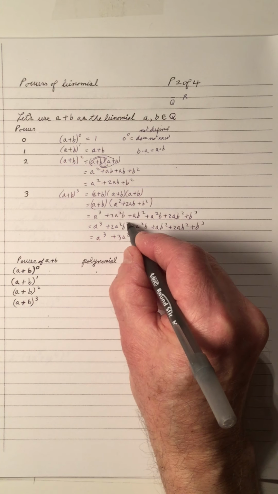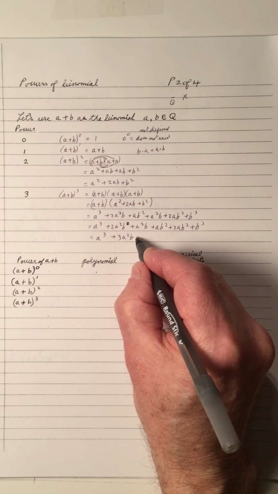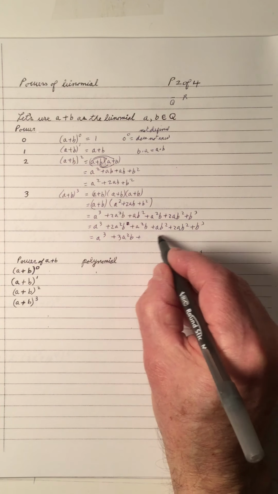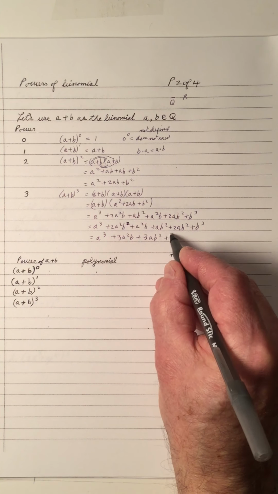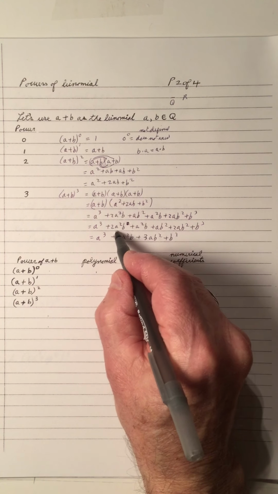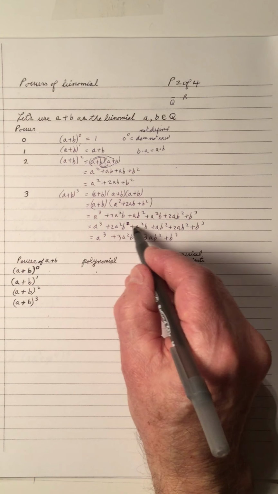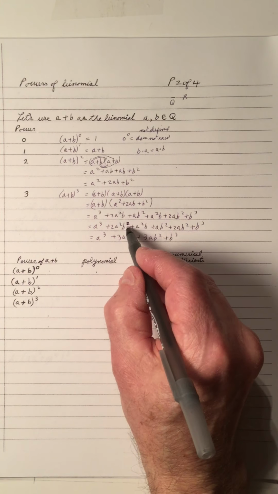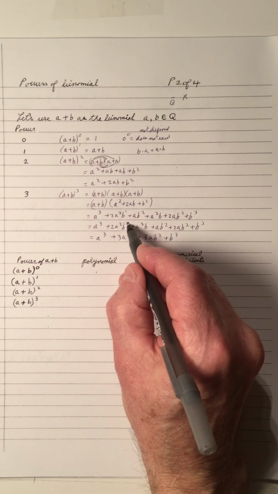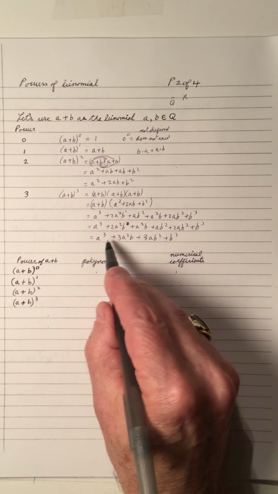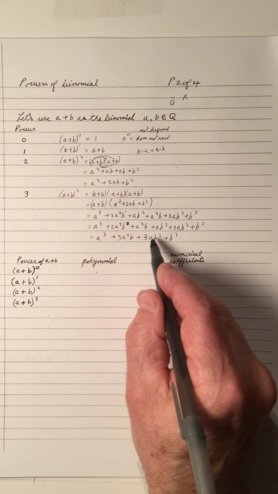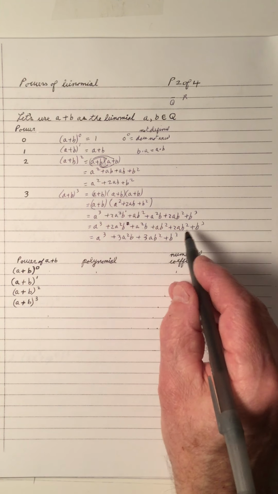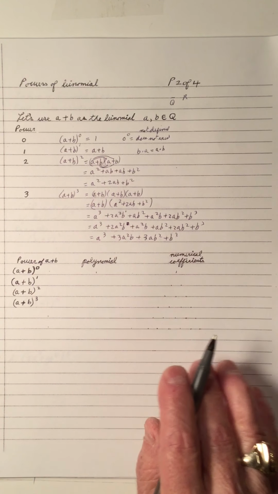That's a b there, which is my mistake. And when you add up these two, you get 3ab squared and a b cubed. Remember, that's my mistake. That was a 1, so I just put a 2 there. And when we add, we get a cubed plus 3a squared b plus 3ab squared plus b cubed.